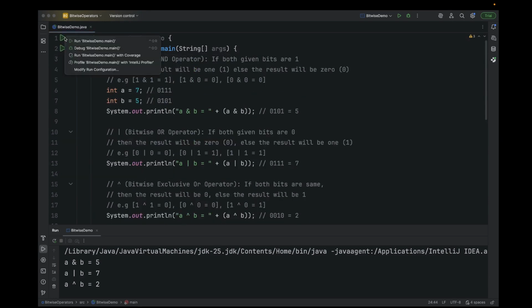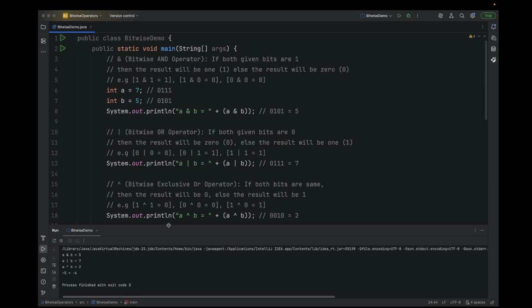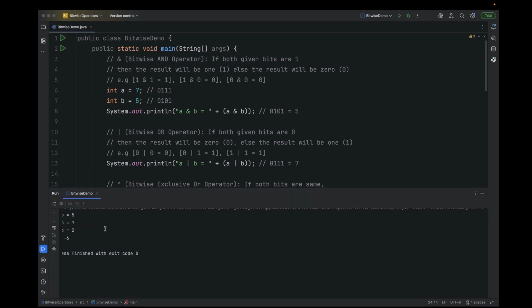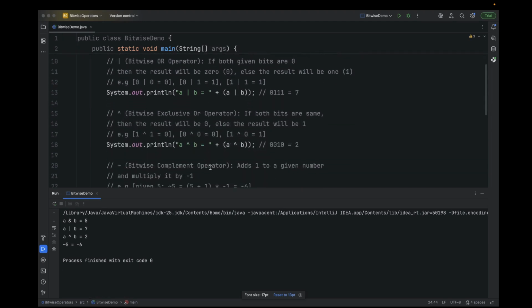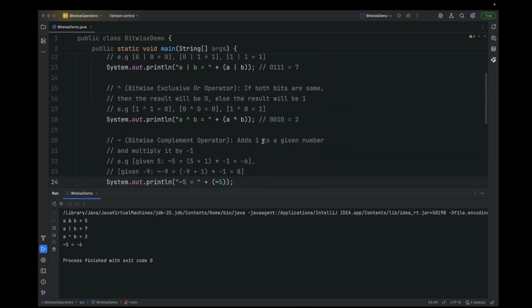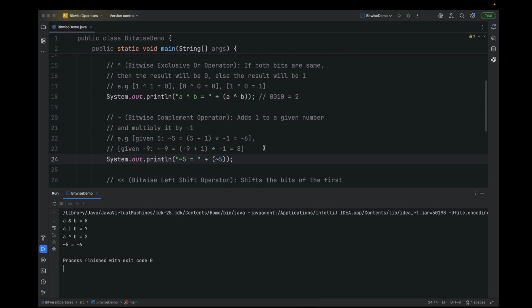If we run this program, what are we going to get? Exactly, you can see it, we are getting -6. Oh, we didn't do the manual calculation before. Okay, we did manual calculation. Look at it here. So the result is -6, meaning that if we try with -9, we should be getting what?